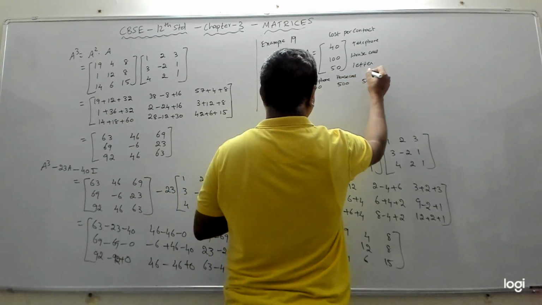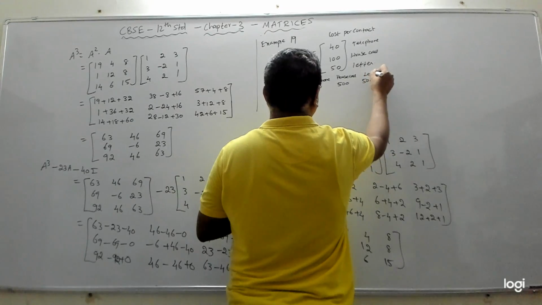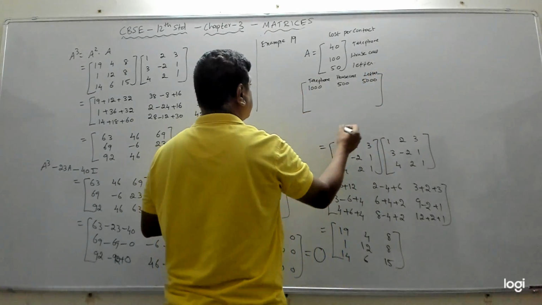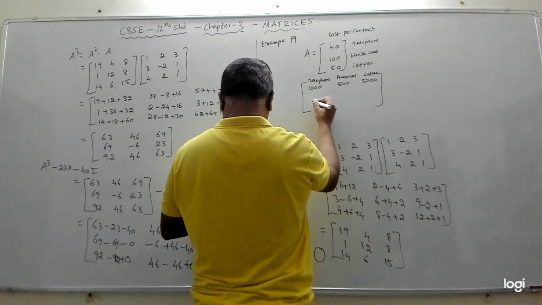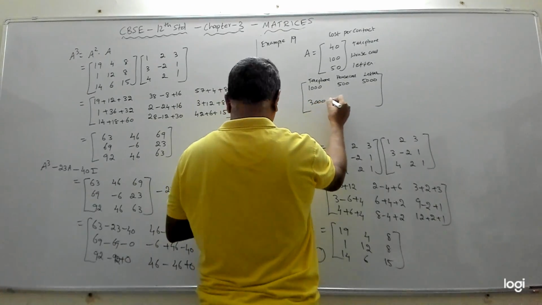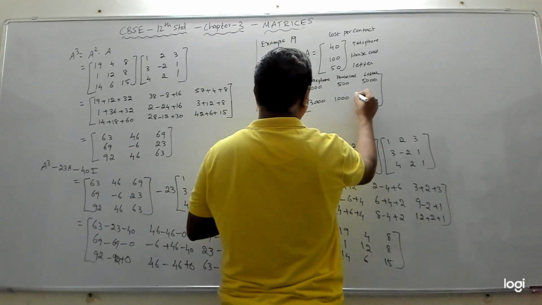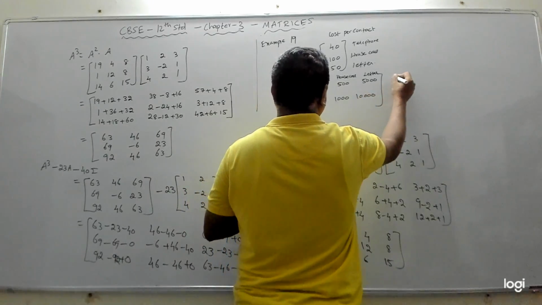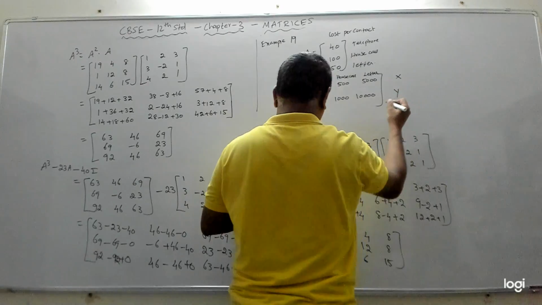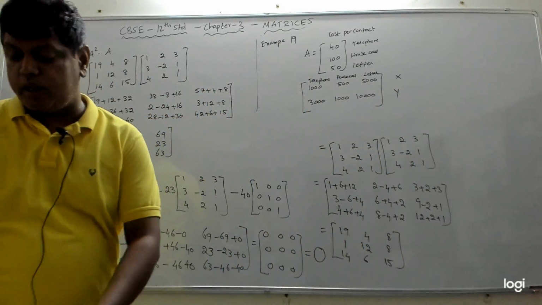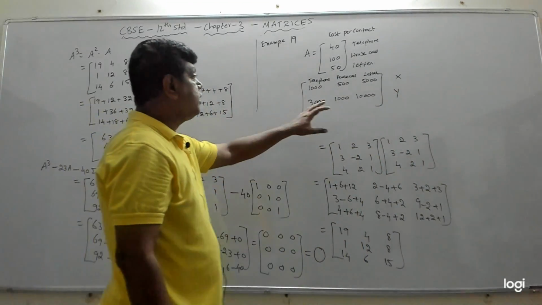And for 500 people, they are going to send a letter. For the next city, it is 3000 telephone calls they are going to make to promote the candidate, and 1000 house calls and 10,000 letters. So this is for city X, this is for city Y. So two cities, and this is the number of people or number of contacts in each city.